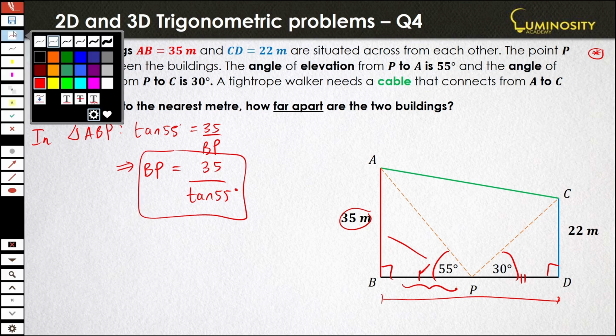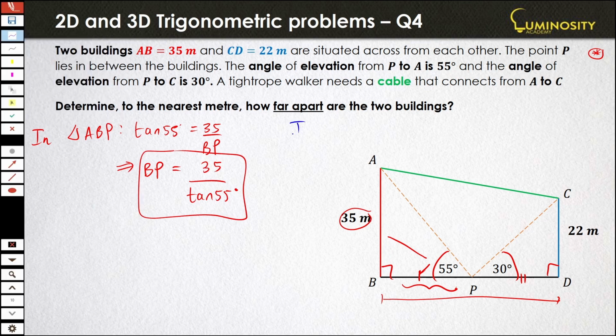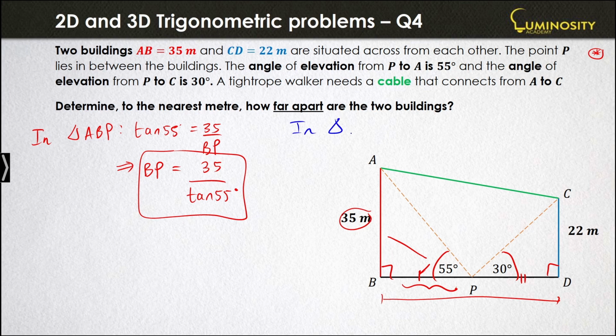Okay, then in triangle PCD, we have tan of 30 degrees is going to be opposite, which is 22, over adjacent, which is PD. So again, we can write PD as 22 over tan of 30 degrees.